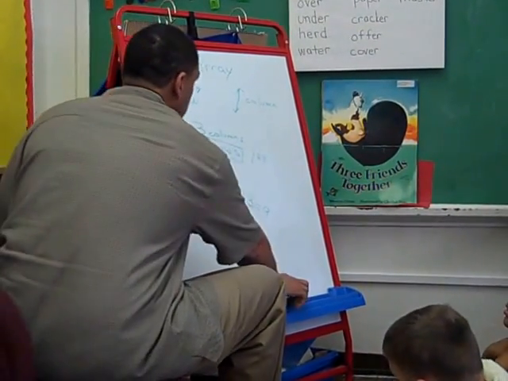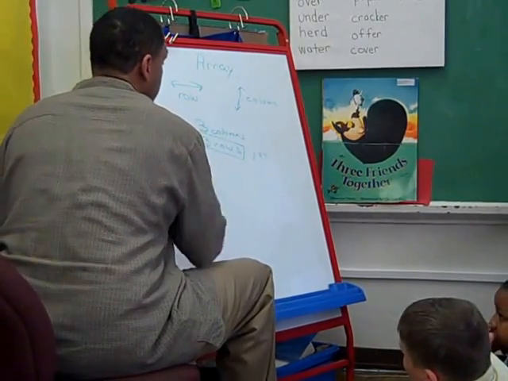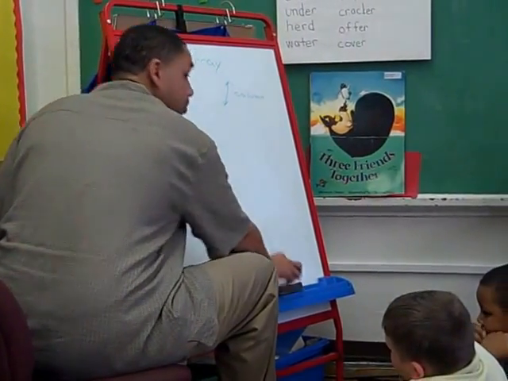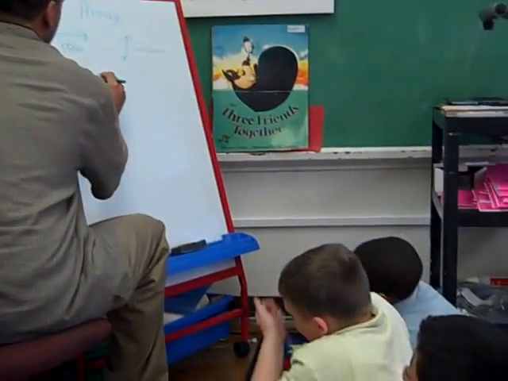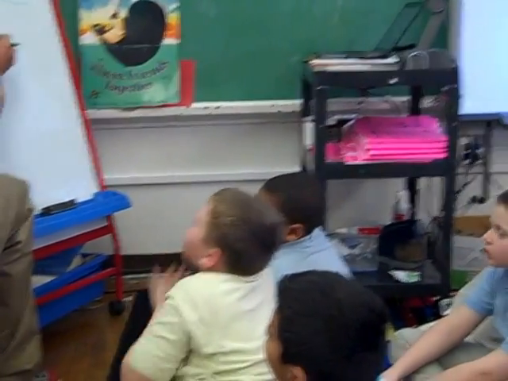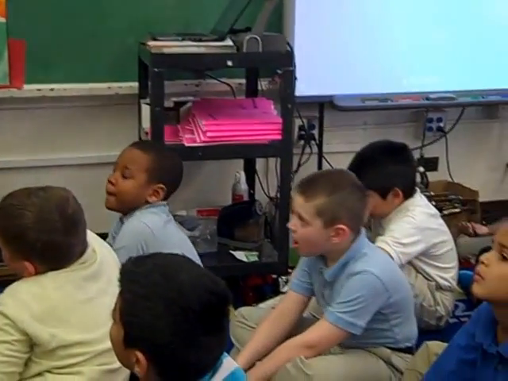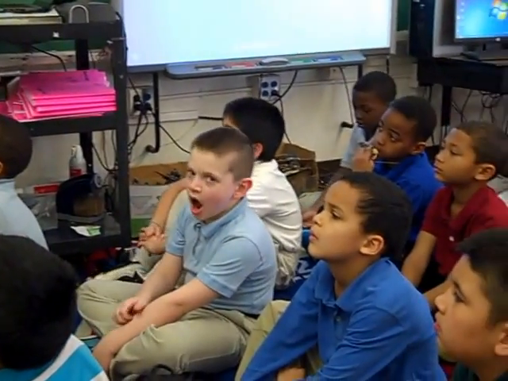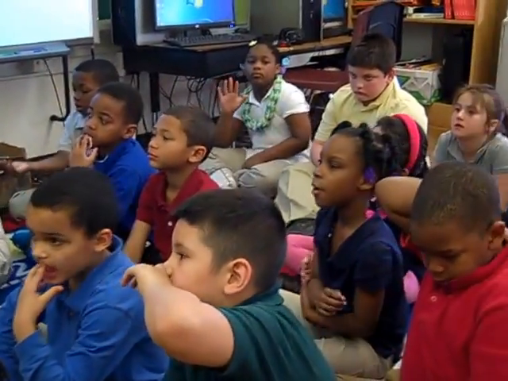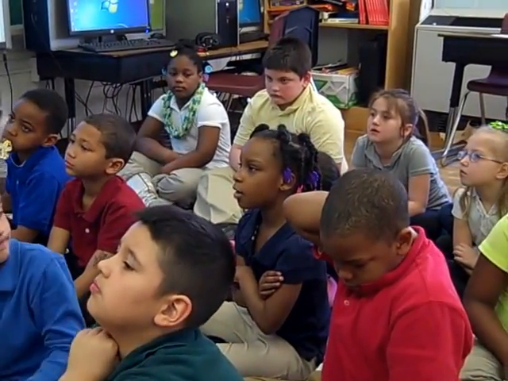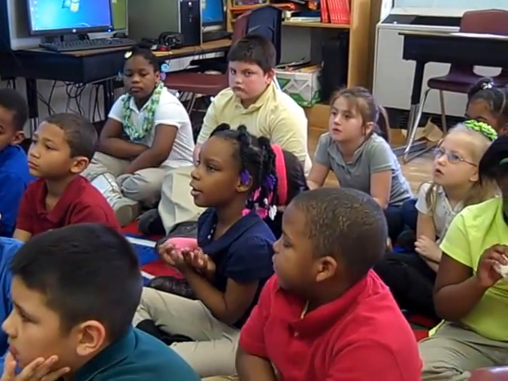Watch me do one more, and then I'm going to get someone else to come up and help me teach it. If I have 2 rows and 2 columns, I'm going to do what first? Someone raise a hand. Destiny? First, you have to draw a square.